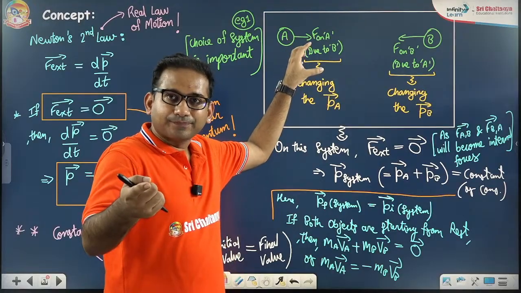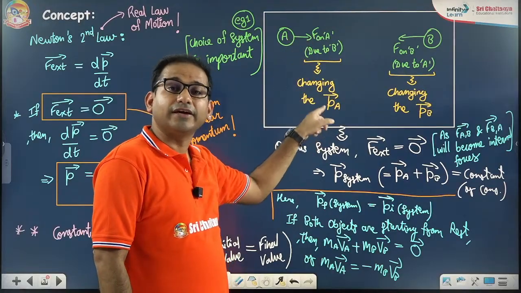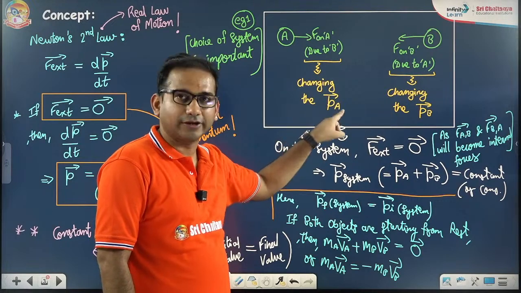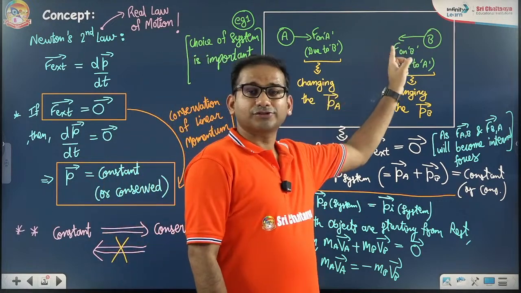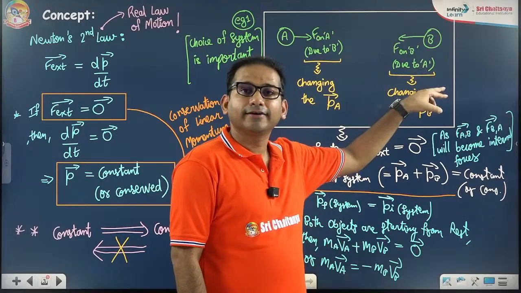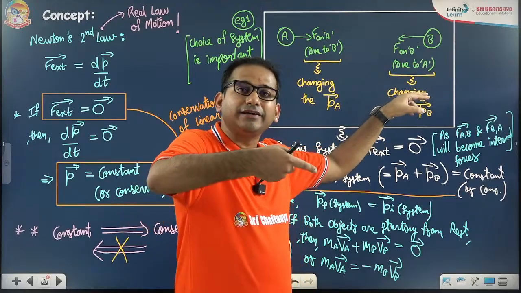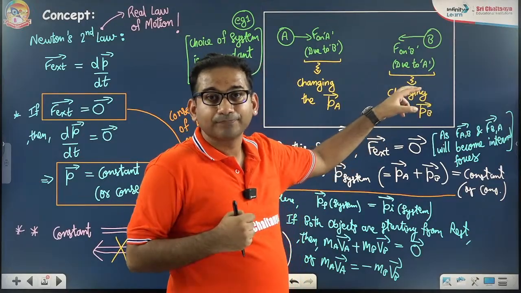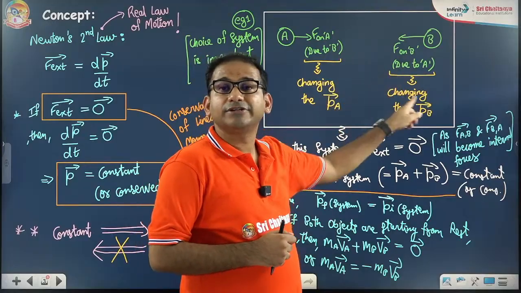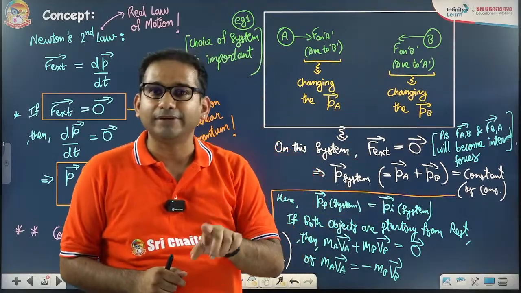So with time, it will be changing the linear momentum of A. Similarly, this force acting on B due to A is acting on B externally from outside. So it will be changing the linear momentum of B.